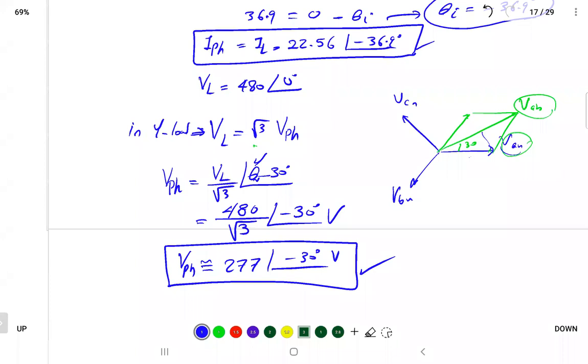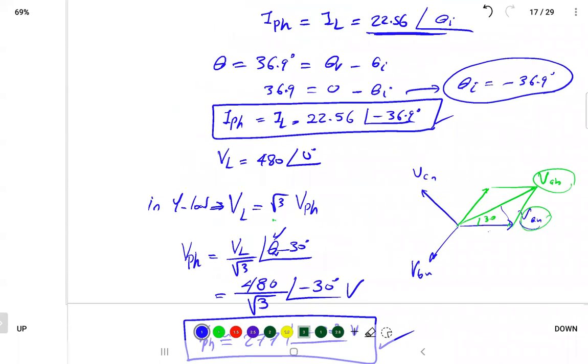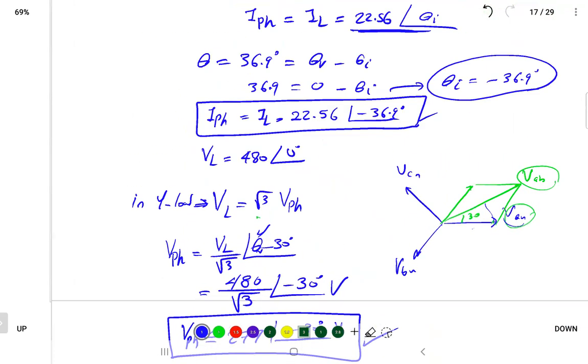And very important, don't just focus on the magnitude. We are not working in a DC circuit, it's AC. So every vector has a magnitude and an angle. Now I can say the impedance of the load per phase is equal to the voltage divided by the current. The voltage is 277 at an angle of negative 30, and the current is 22.56 at an angle of negative 36.9.